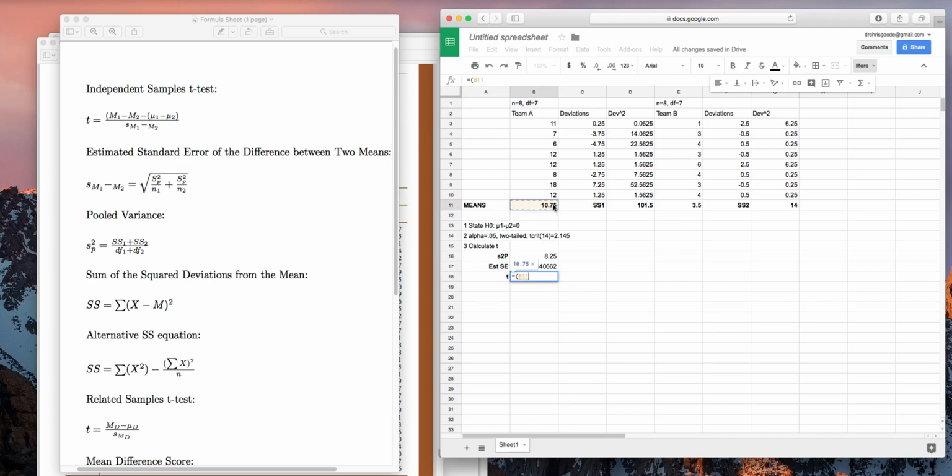Mean 1 minus mean 2 divided by the estimated standard error of the difference between the two means. Okay, so t equals 5.04825. We can actually reduce the number of decimals there. It's 5.048. And let's compare that to 2.145.